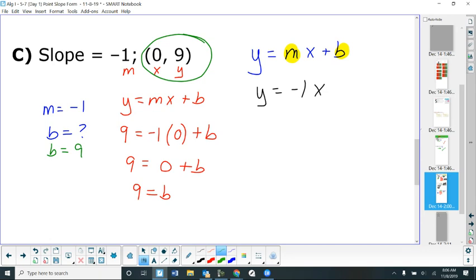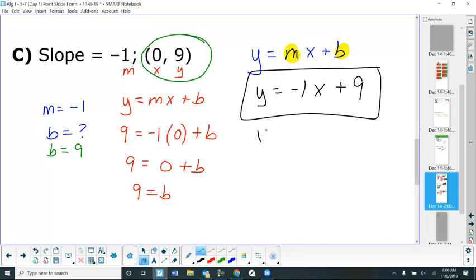So we had B. I just didn't say it was the y-intercept. So I put what here? I put -1x plus 9. And I'm done. Now, -1x is the same as -x plus 9. So you will see it written like that in a textbook, and that's okay. Guys, that's the first thing.